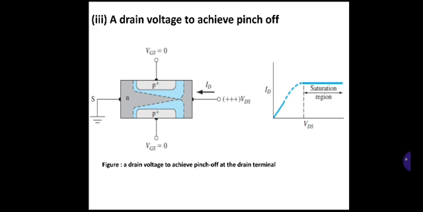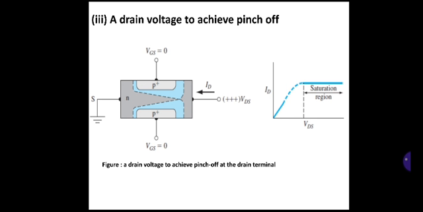As you can observe in the characteristics curve here, at some particular point, ID has increased sufficiently, and even if you increase VDS further, ID, that is the drain current, remains constant, which is called the saturation region.